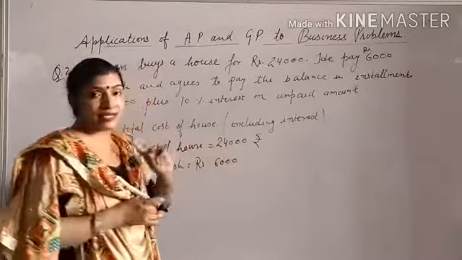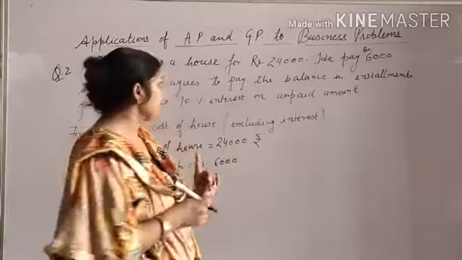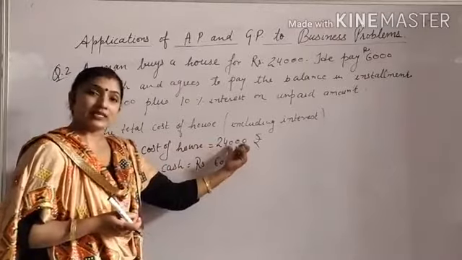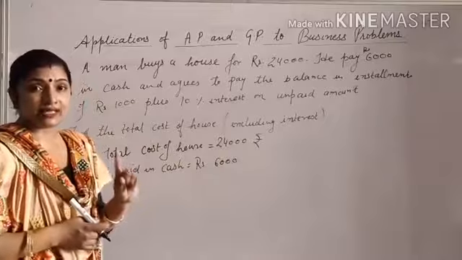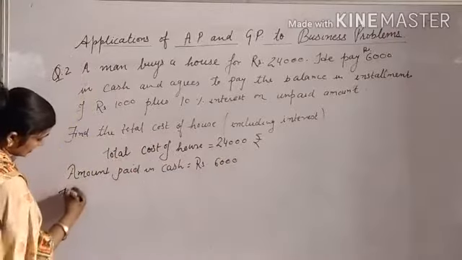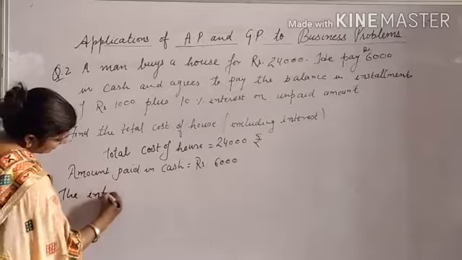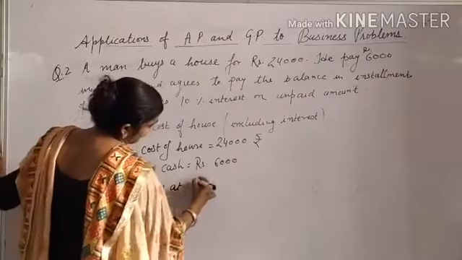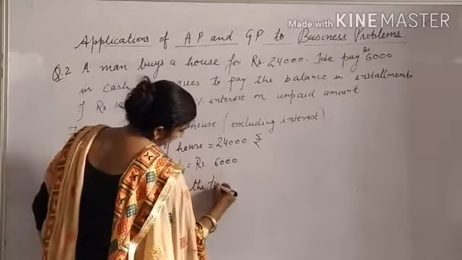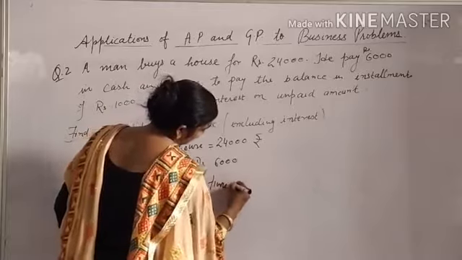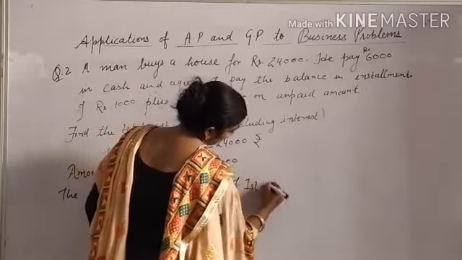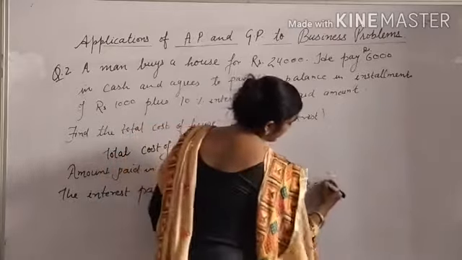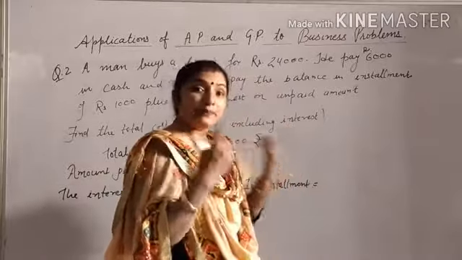Now at the end of the first year, or the first installment, the unpaid amount is rupees 18,000. So the interest paid at the time of the first installment is 10% of the unpaid amount.